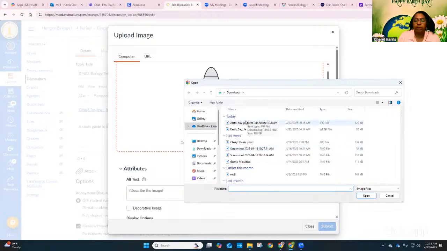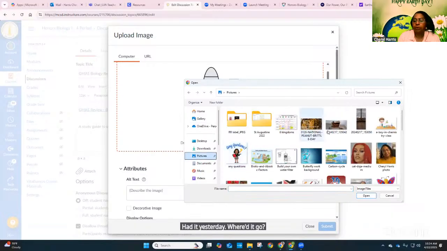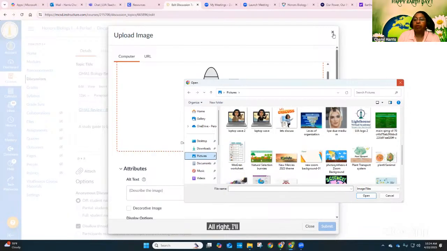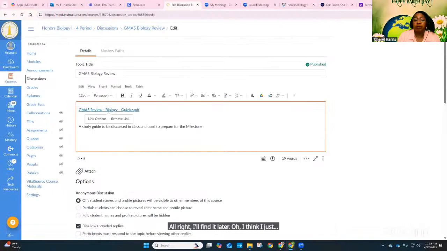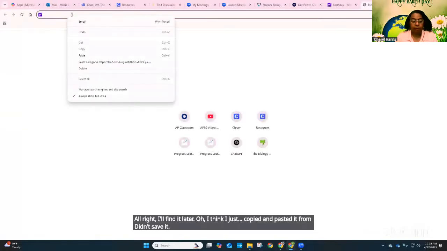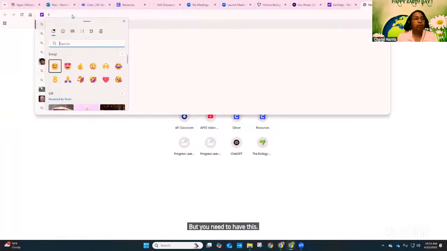I had it yesterday. Where'd it go? Pictures. All right, I'll find it later. I think I just copied and pasted it from somewhere, didn't save it. But you need to have this.